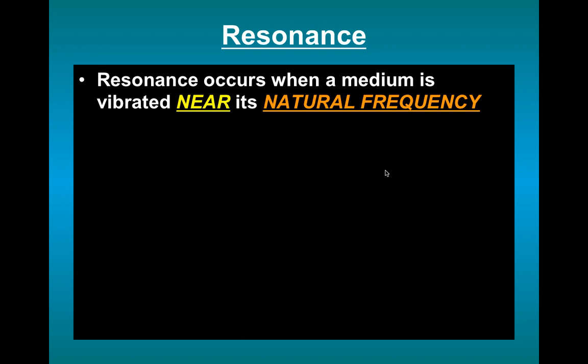But resonance itself occurs when a medium is vibrated near its natural frequency. So every single object, everything, has its own natural frequency. And in order to find out what its natural frequency is, you literally go over to whatever object it is and flick it. So like if you take your phone, so I'm holding my phone, and if you flick it, you hear that.